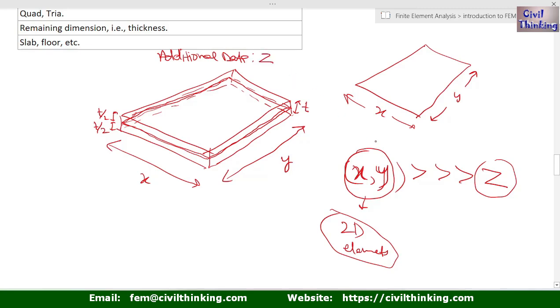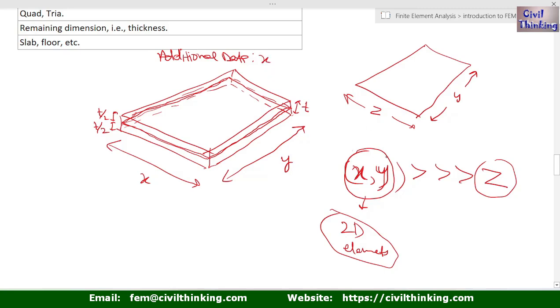I define x and y in the geometry, then the z component is provided as additional data. It's not necessarily z; for example, let's call this z, then this is y, and the other dimension will be x.